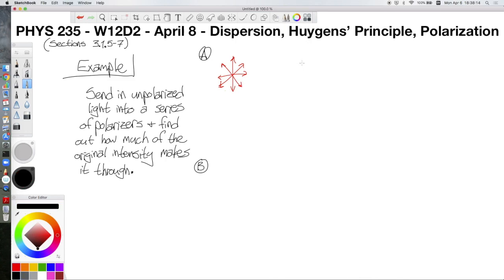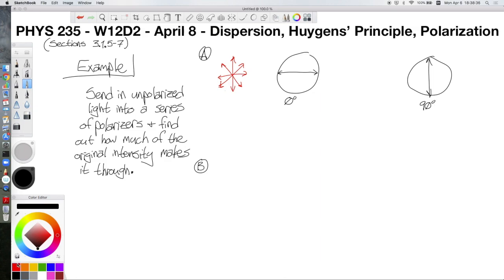The first polarizer is going to have a polarization axis that is horizontal, that we are going to call 0 degrees. And then the second polarizer is going to have a polarizer axis that is vertical. So we'll say that's an angle of 90 degrees.